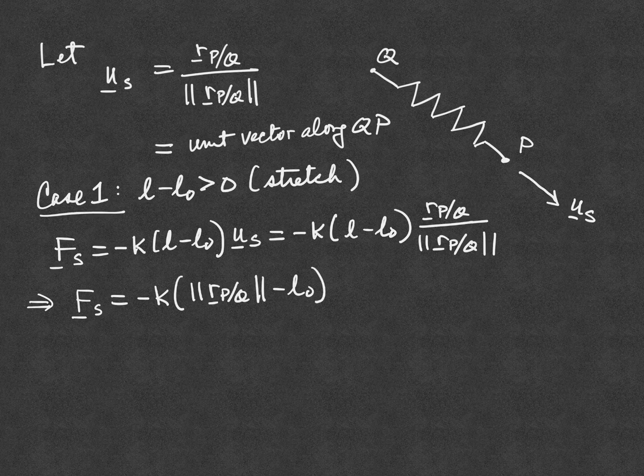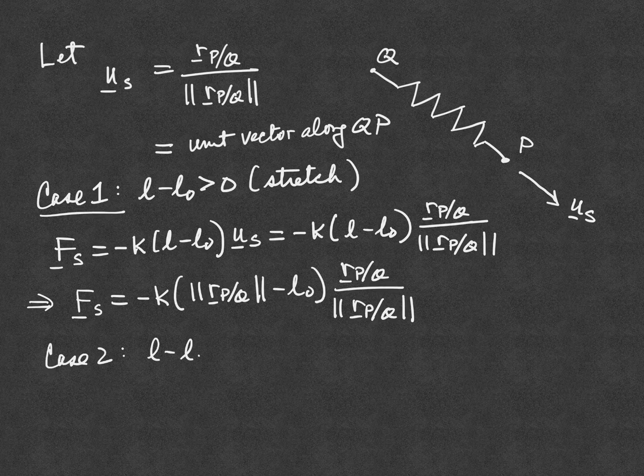Minus L0, times the position of P relative to Q, all divided by the magnitude of the position of P relative to Q. So that's the model for the case of stretch. Now let's do the case of compression. So this is case 2.